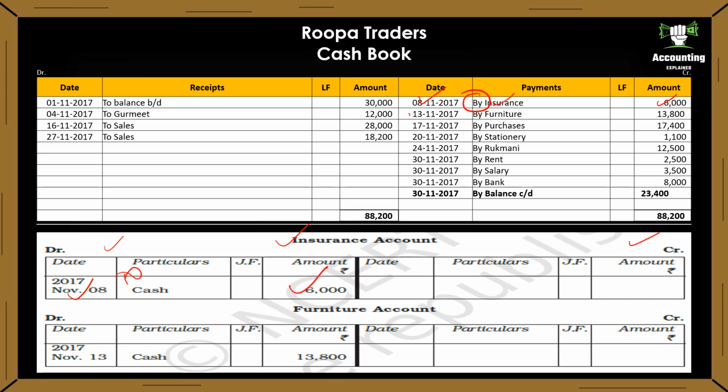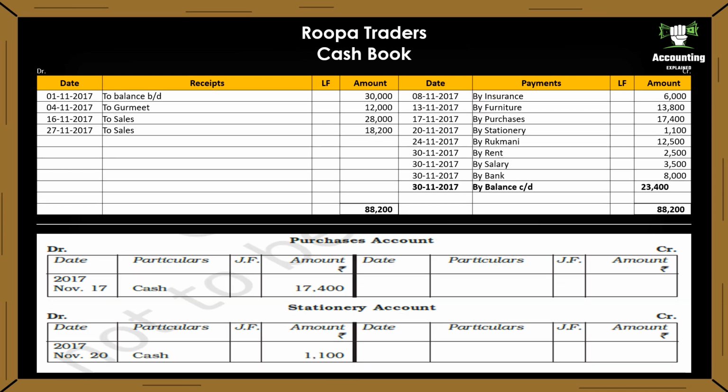Next transaction is 13/11/2017, by furniture, 13,800. Open the furniture account. It is by furniture on the right side of the cash book. Now we write to cash on 13/11/2017 on the left side, 13,800.